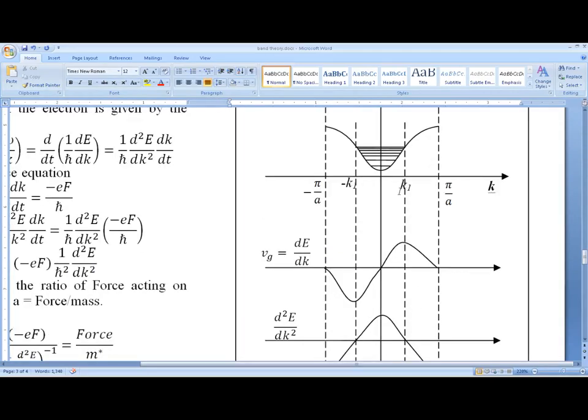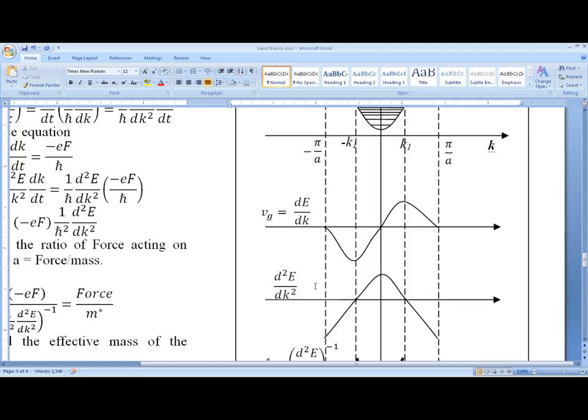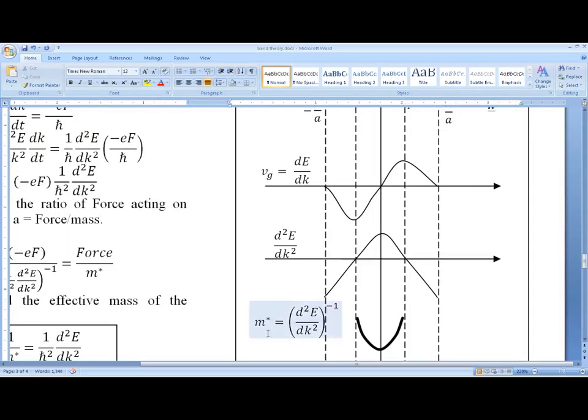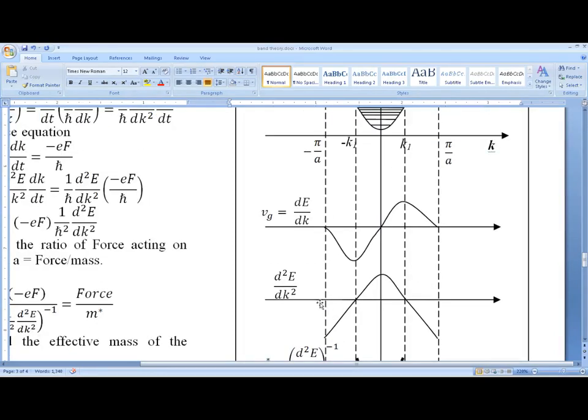Let's take another one, d square E by dk square. Of course we don't really need d square E by dk square, but to know the effective mass, one has to plot this d square E by dk square. D square E by dk square is nothing but the slope of this graph. Slope of this graph is this, slope of this graph is this. You can check it. Here anyway the slope is negative, here the slope is 0. So slope is negative.